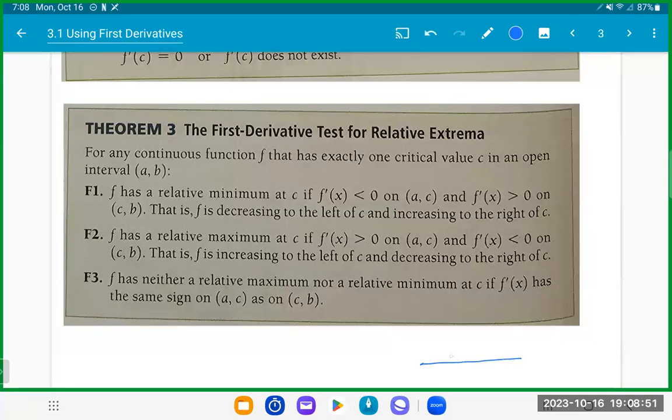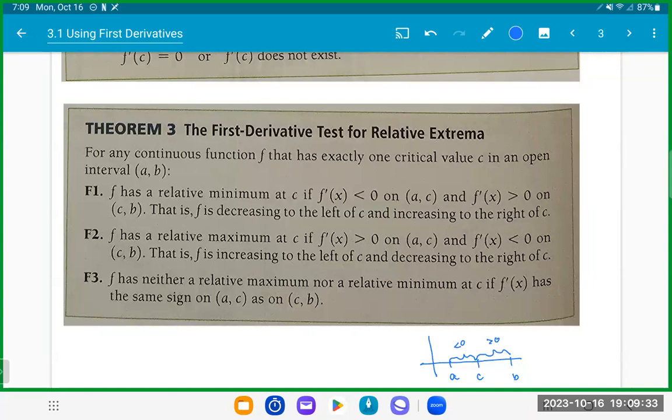If you think about that, remember we had A here and B here, and we're looking at some critical value on that interval from A to B. So what this is saying is if my first derivative is less than 0 on the first interval and greater than 0 on the second interval, then my function is decreasing to the left of C and increasing to the right of C. The flip is true as well, right?